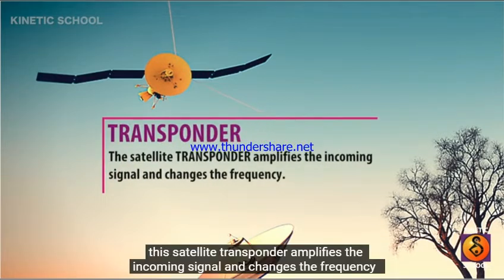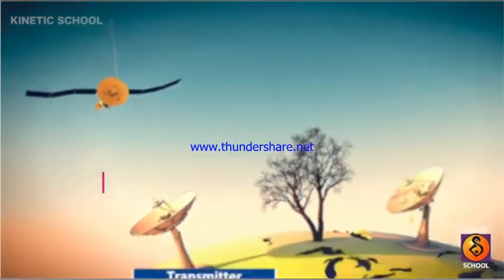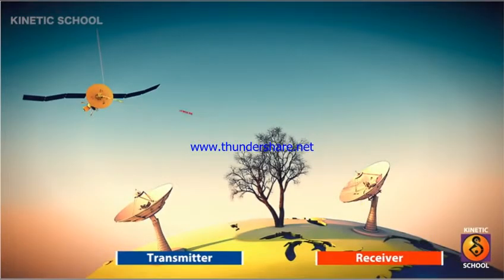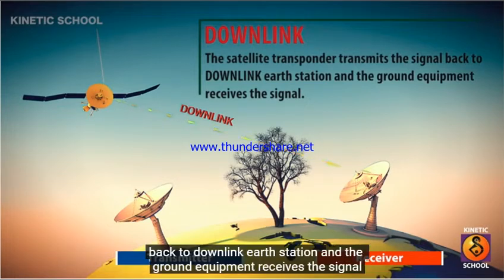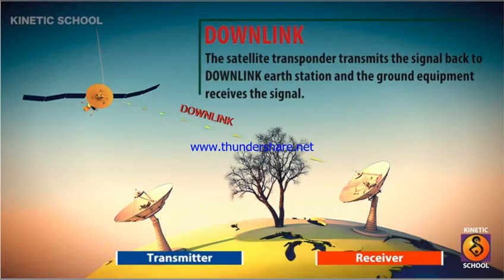The satellite transponder amplifies the incoming signal and changes the frequency. The satellite transponder then transmits the signal back to the downlink earth station, and the ground equipment receives the signal.